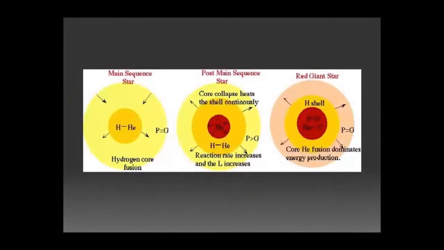So, the basic objects in the universe that are directly visible to our naked eyes because of their own energy production processes are stars.